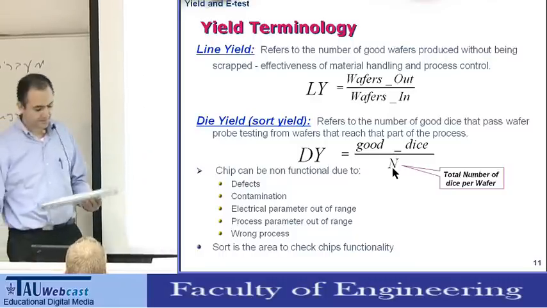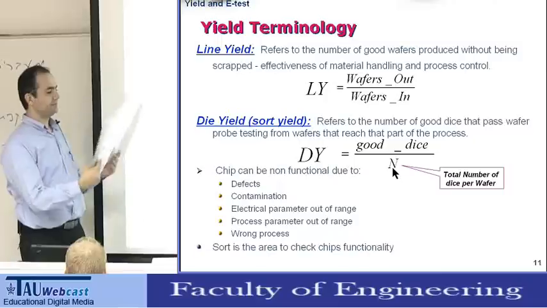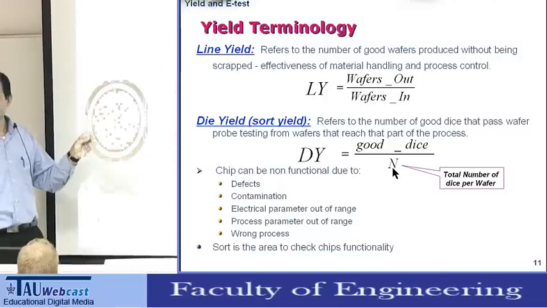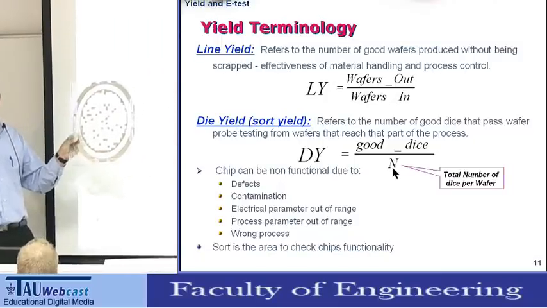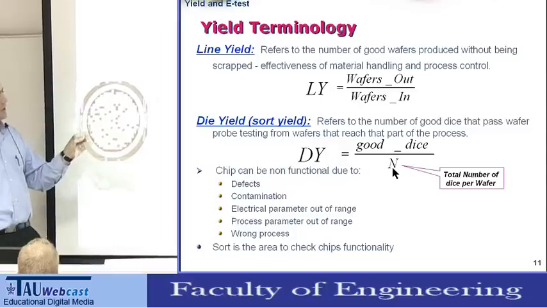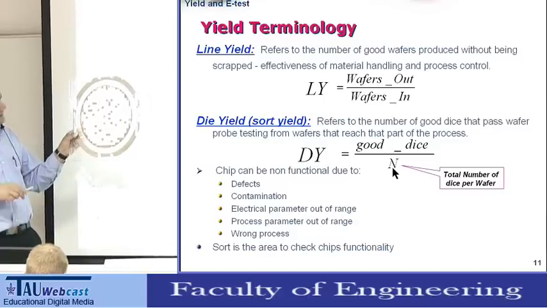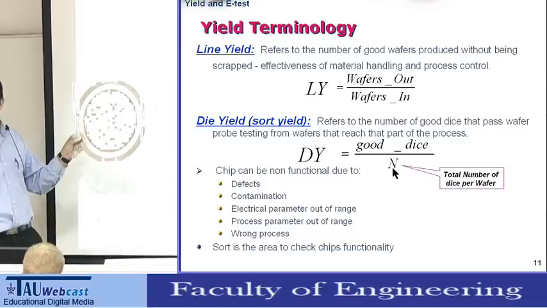This, which is a state-of-the-art process, I won't mention the process and the product because of confidentiality issues, but you can see a very good die yield, better than 90%.